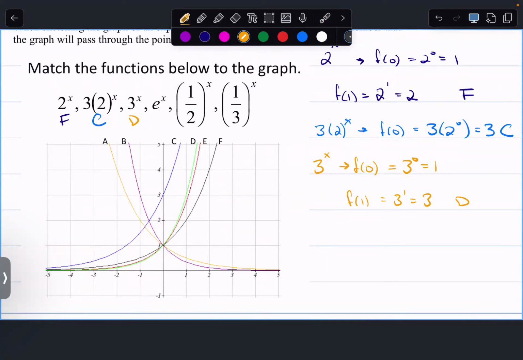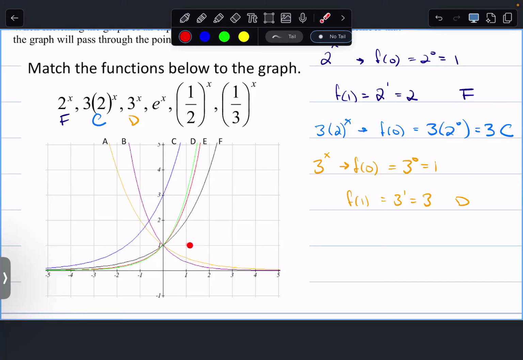How about e to the x? Do we know what it is already? We do. Why? Because these last two have b's between 0 and 1, which tells me that those two have to be either A or B, right?